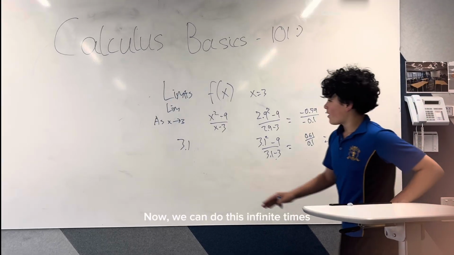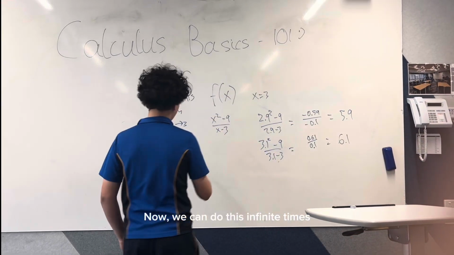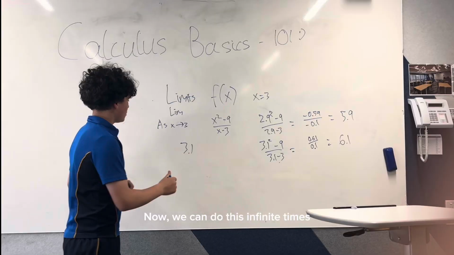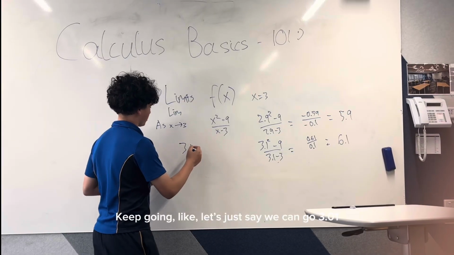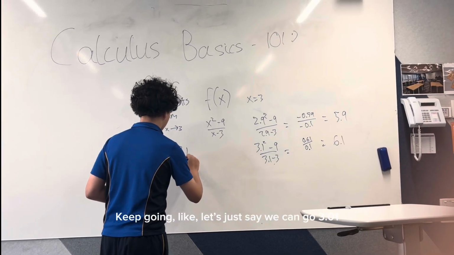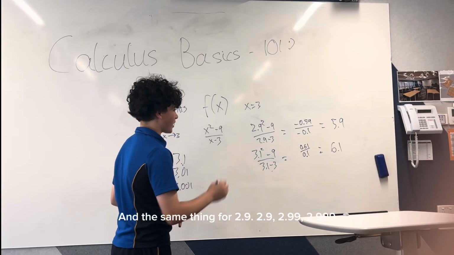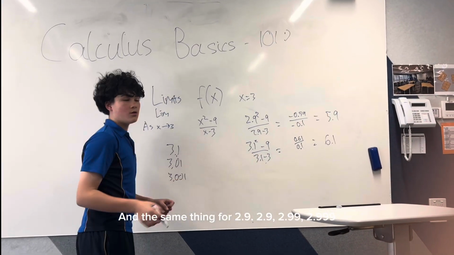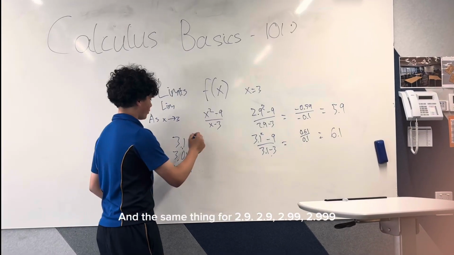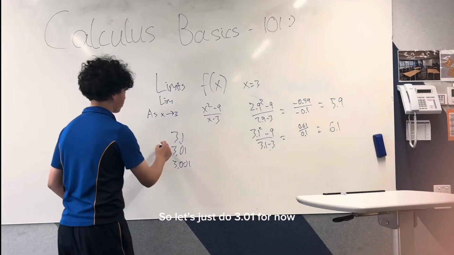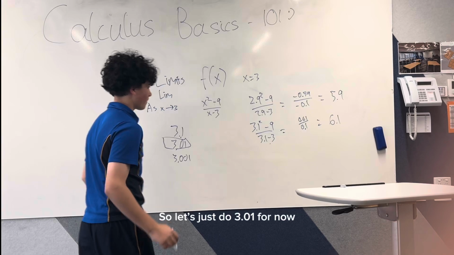Now, we can do this for infinite times. Keep going, like let's just say we can go 3.01, 3.001, and same thing for 2.99, 2.999. So let's just do 3.01 for now.